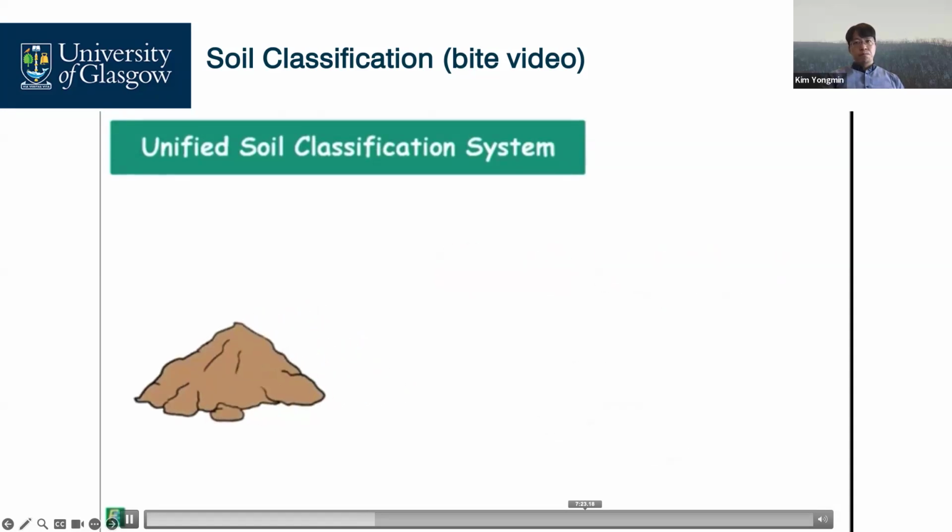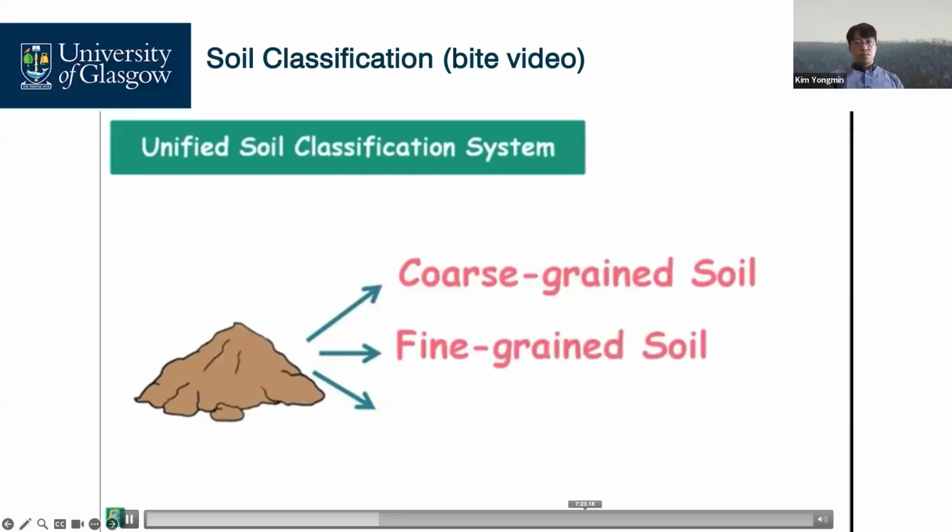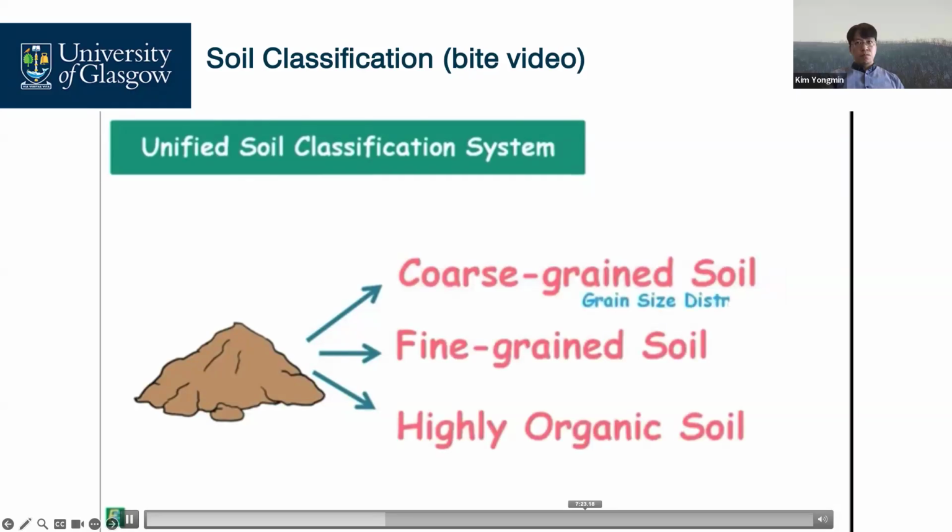This system identifies soils primarily as coarse-grained, fine-grained, and highly organic. Coarse-grained soils are classified on the basis of their grain size distribution, and the fine-grained soils, whose behavior is controlled by plasticity, are classified on the basis of their plasticity characteristics.